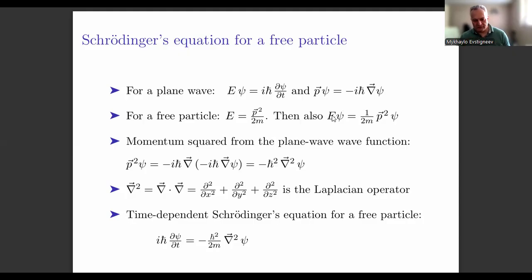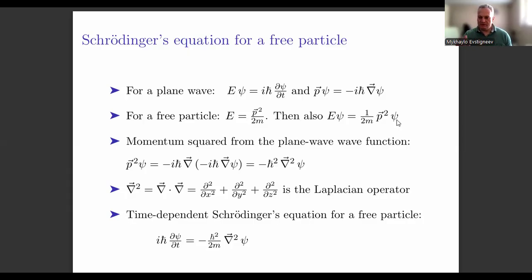We know how to extract the energy from the wave function by differentiation with respect to time and multiplying the result with i h bar. But on the right-hand side, we have momentum squared times psi. Now, momentum squared is not a vector, it is a scalar, which equals the sum of squares of the x, y, and z components of the momentum. So p squared is px squared plus py squared plus pz squared.